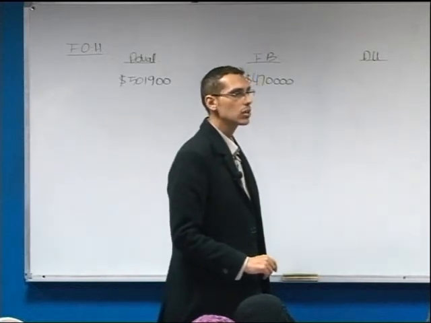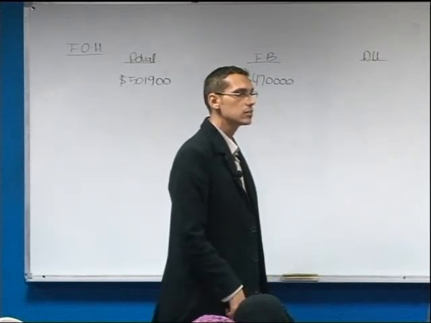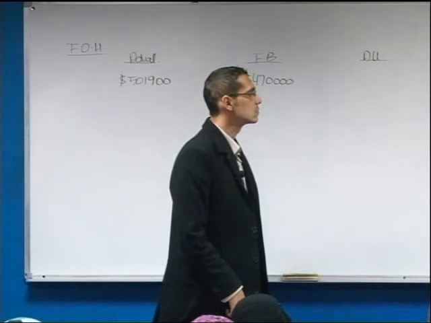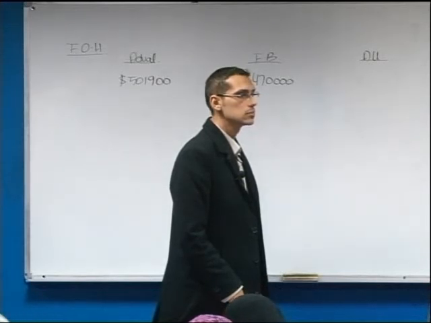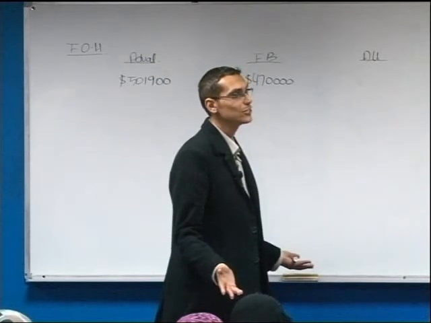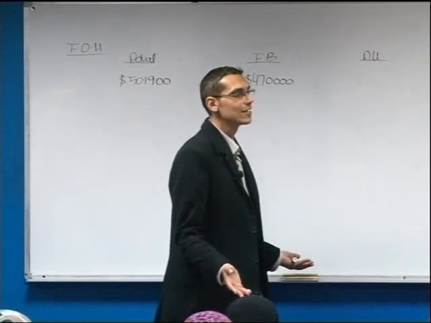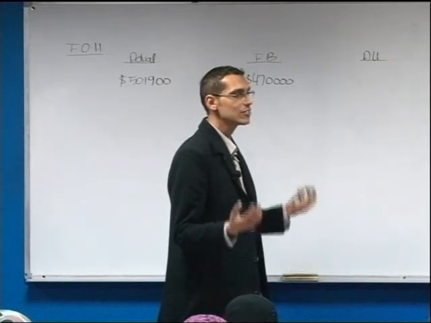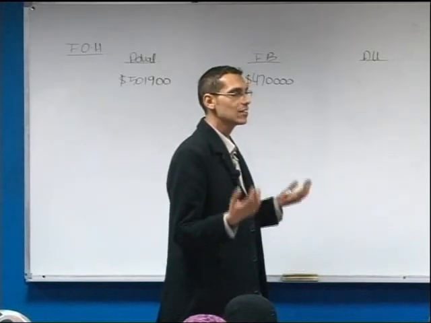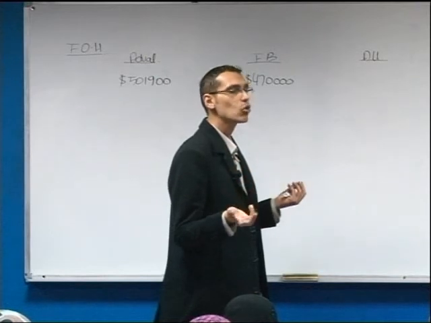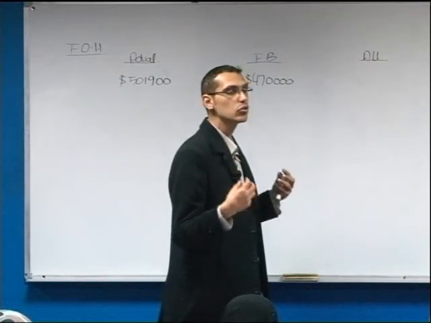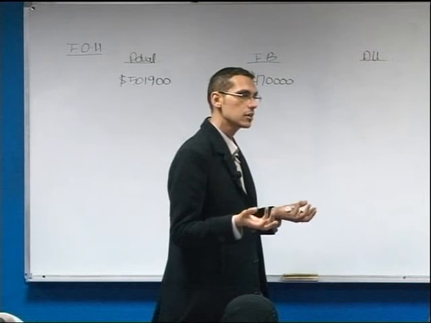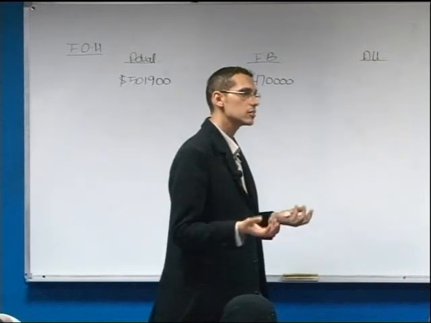So how are we going to calculate it? We use the budgeted amount, because we are using a standard costing system, and according to a standard costing system, or even a normal costing system, we need to calculate the budgeted allocation rate.